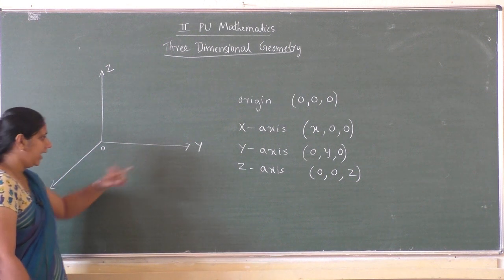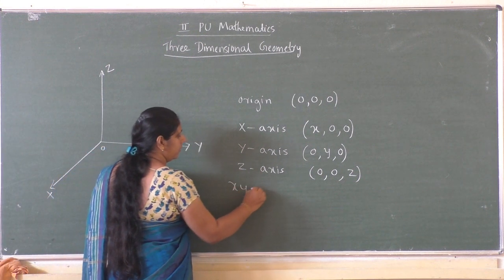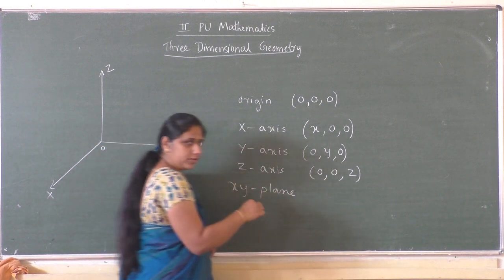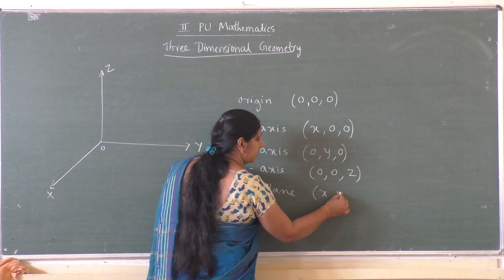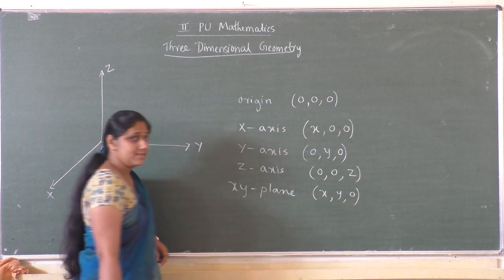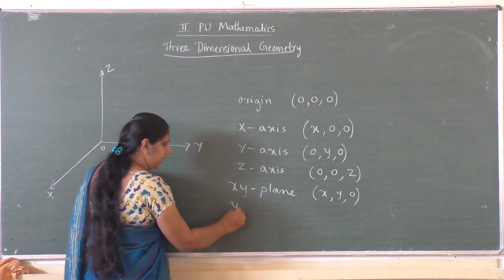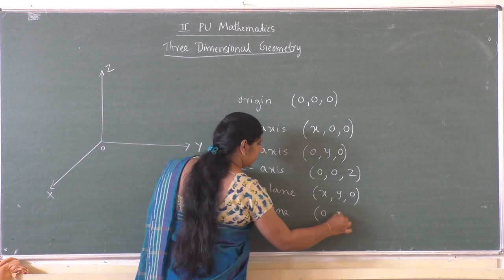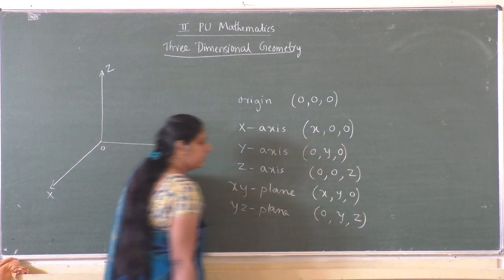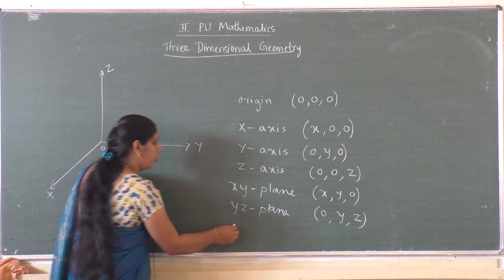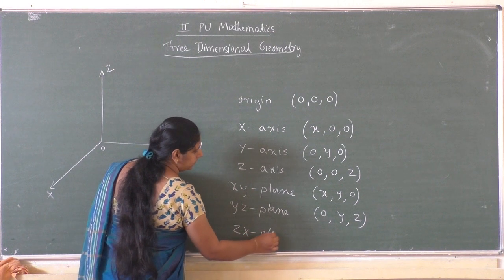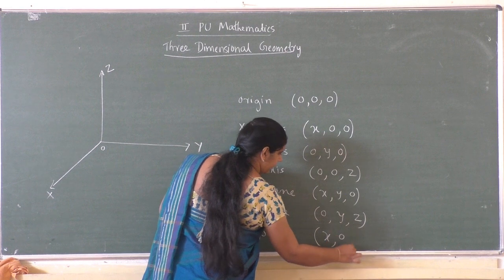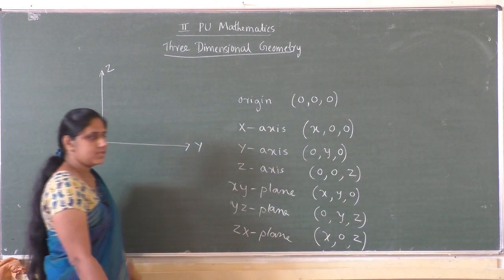Next, what we have studied? Any point on the xy plane: how to write it? It is the ordered triplet x, y, 0. Any point on the yz plane can be written as 0, y, z, and any point on the zx plane can be written as the ordered triplet x, 0, z.